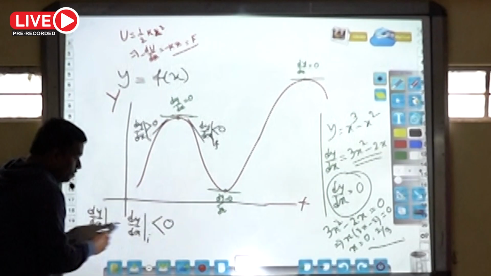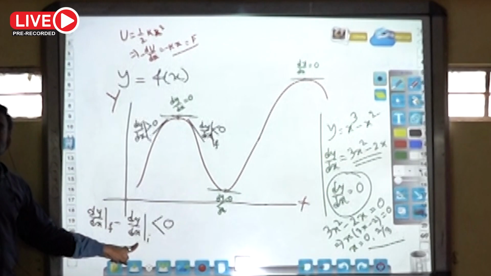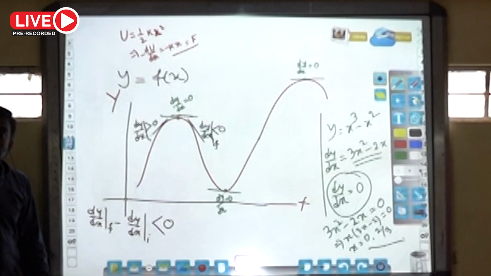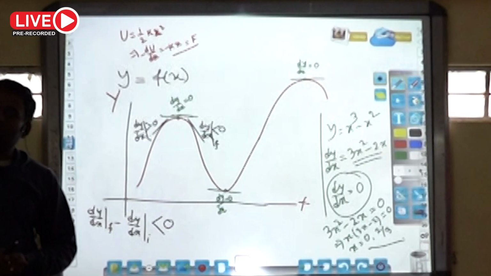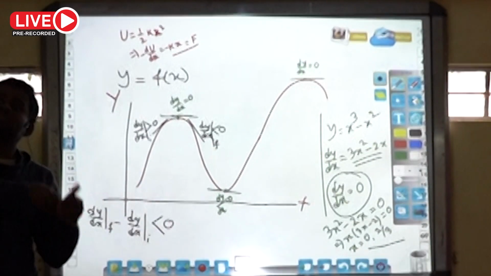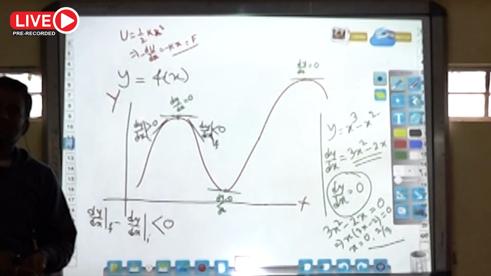Now what are you calculating? Final value of dy dx minus initial value of dy dx, meaning you are calculating the change in dy dx. So what is dy dx? Change in y with respect to x, and you are calculating its change. So change of change. Change of change means double derivative.